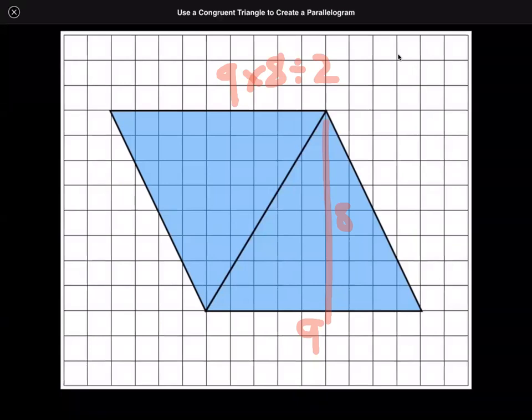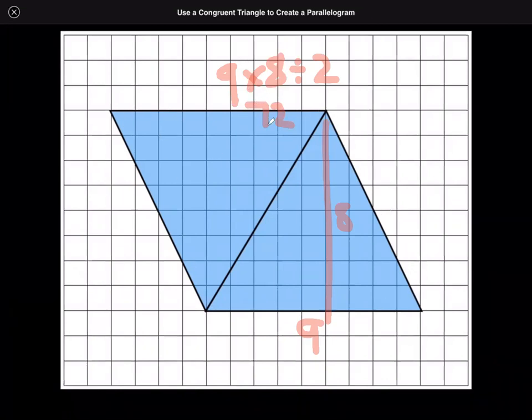So the formula for the area of a parallelogram can be used, that's our base and our height right here, and then divided by 2, as the area of one triangle is half of the total area calculated. So when you do the 9 times 8, you get 72. But this is the formula for a parallelogram, which is what we see right here, isn't it?